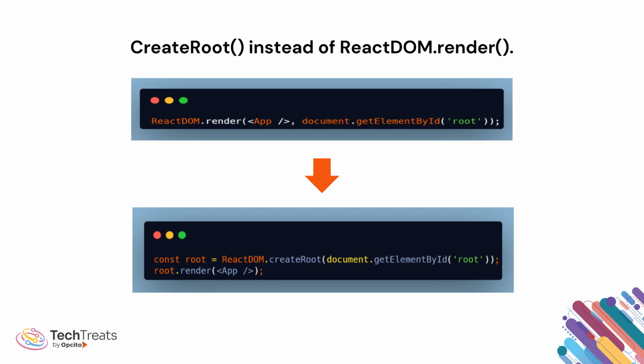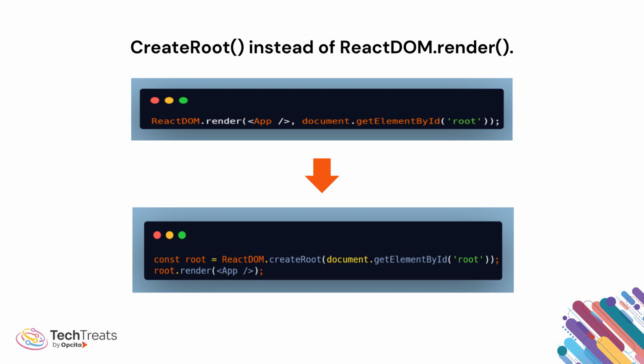So with createRoot and the associated root.render function, you can run multiple calls to render using the same container DOM element. Unlike ReactDOM.render, in which every call to render requires a new call to the document API.